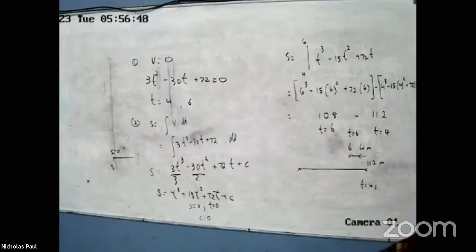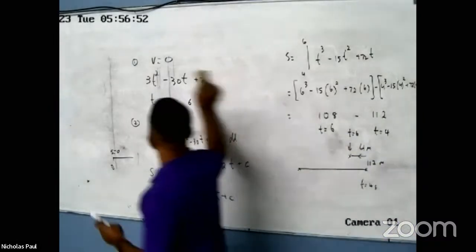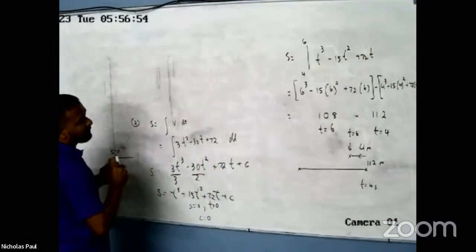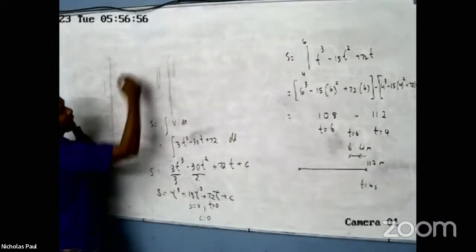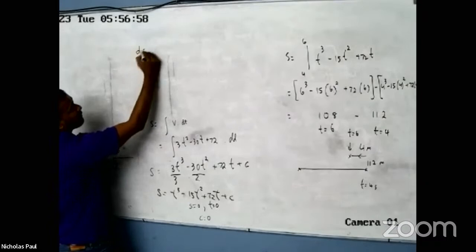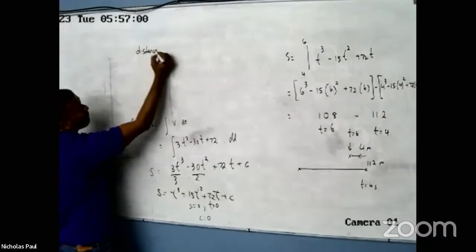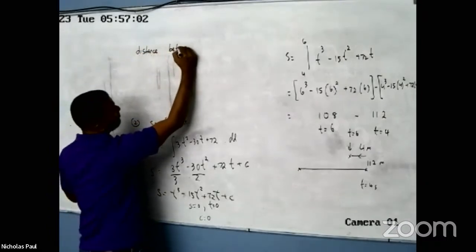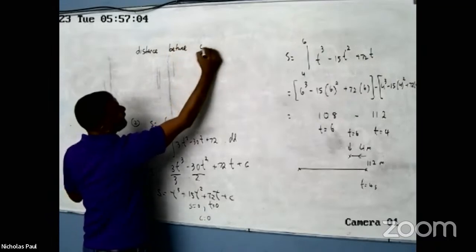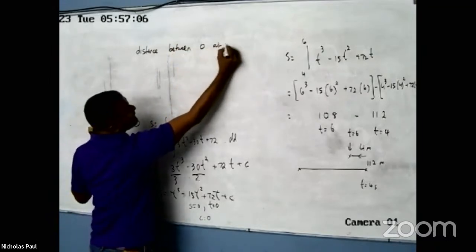Now we have the next problem. What did they ask us for after? They asked for the total distance traveled between 0 and 7 seconds.